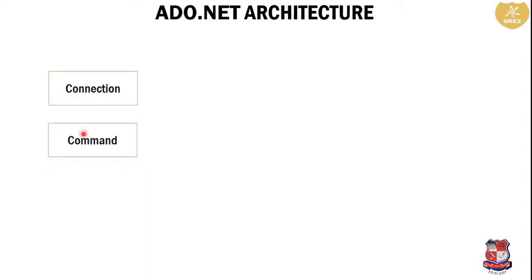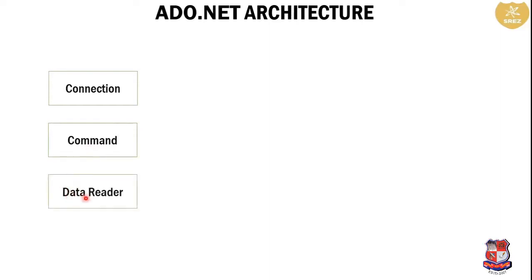Now the next object is the command object. It is used to represent a query like insert, update, delete, and many others. So the command object is used to represent the query. Remember, it is not used to execute the query, it only represents it. Not only queries, it also represents the stored procedures, etc.